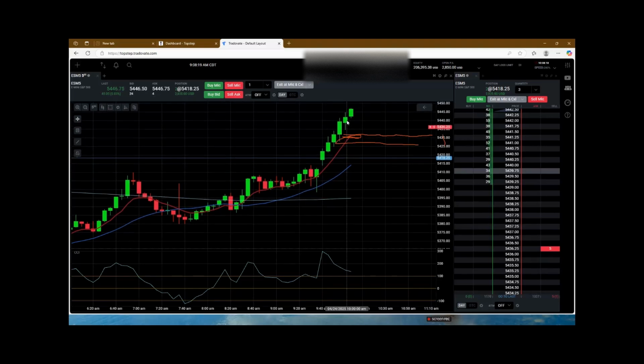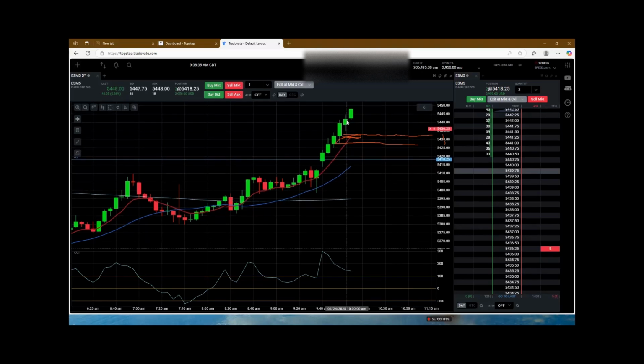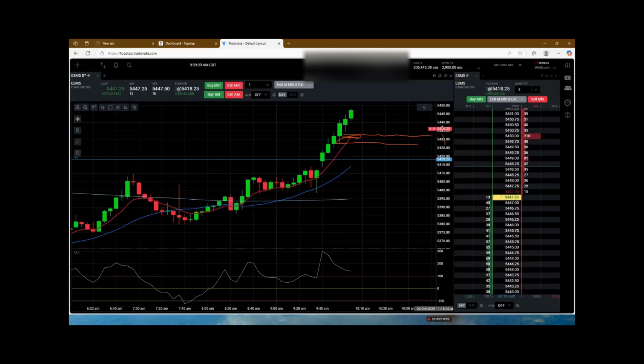Every time it jumps up, and every time that candle closes, we put our stop loss right below the beginning of the candle that's closed out, and just like that, we'll continue to lock in our profits as price action goes in our favor.